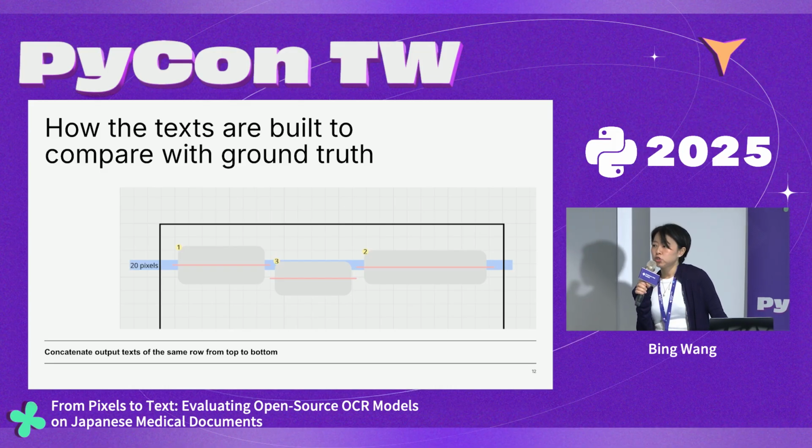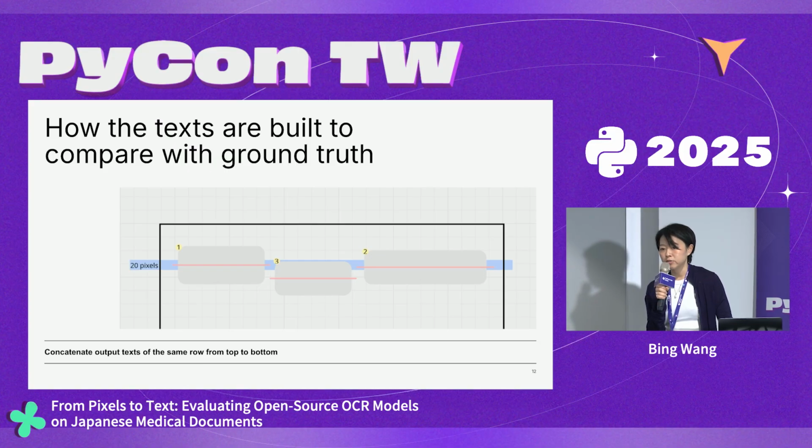And when we are trying to compare the OCR results, we are facing a couple of challenges. One of them is that it requires a lot of normalization. So you can imagine, for example, a symbol, a comma. Different OCR models might convert it into different versions of a comma.